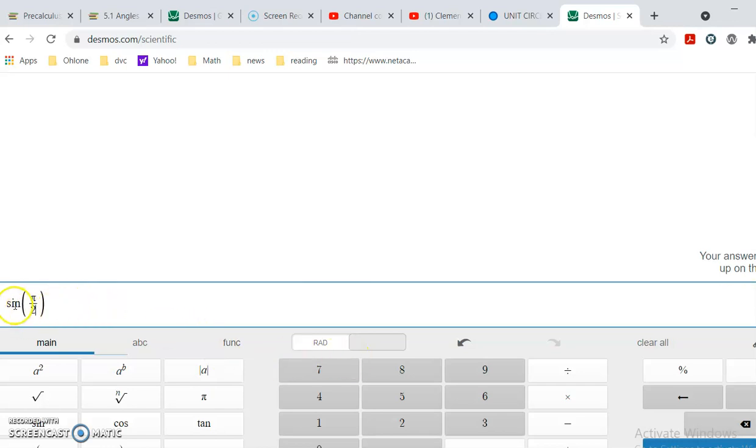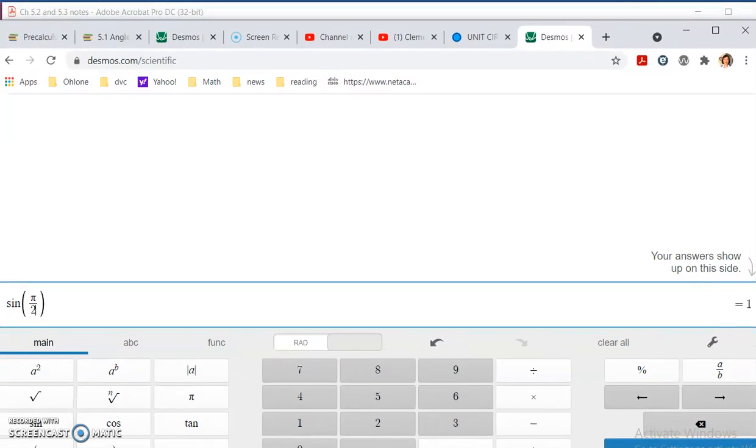You see how sine of pi over 2 in radian is equal to 1. The left-hand side is the input, the right-hand side is where the answer is. But if you click degree, sine of pi over 2 is not 1, because it is thinking of sine of pi over 2 degrees. So make sure that you choose the correct one.